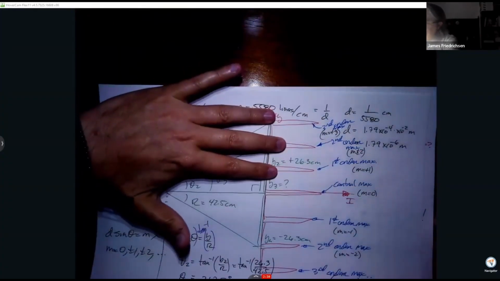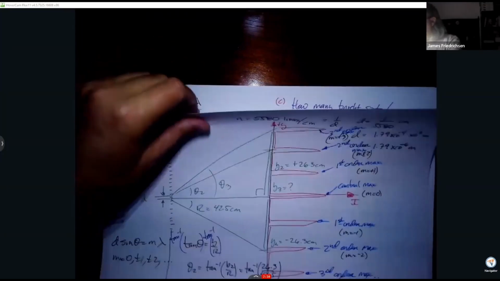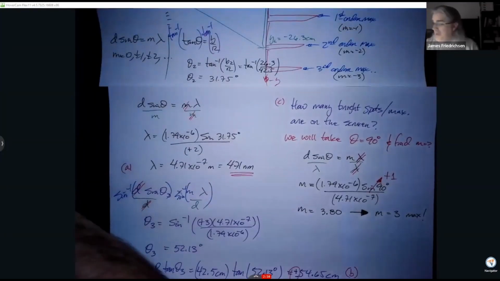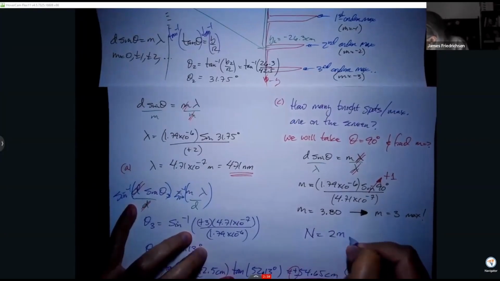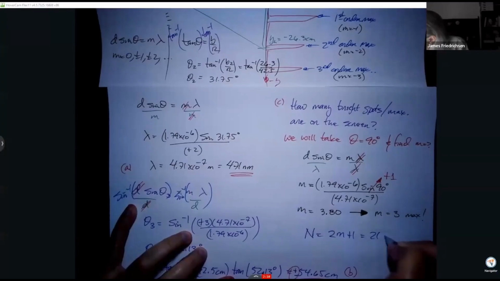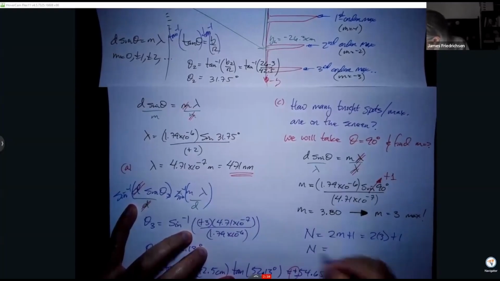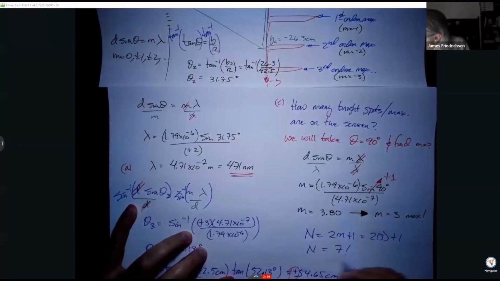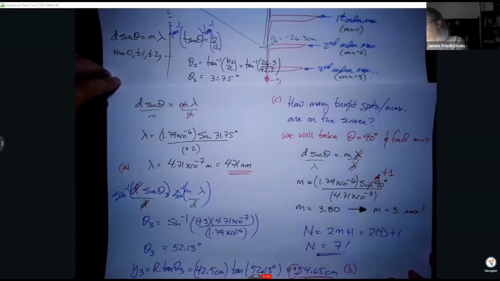It's 3 here, 3 there, and the center. So the answer for how many is that this will be 2m plus 1. So twice the 3 plus the center one, above and below, and then the center. So yes, it is indeed 7, just like Peyton said. Questions?